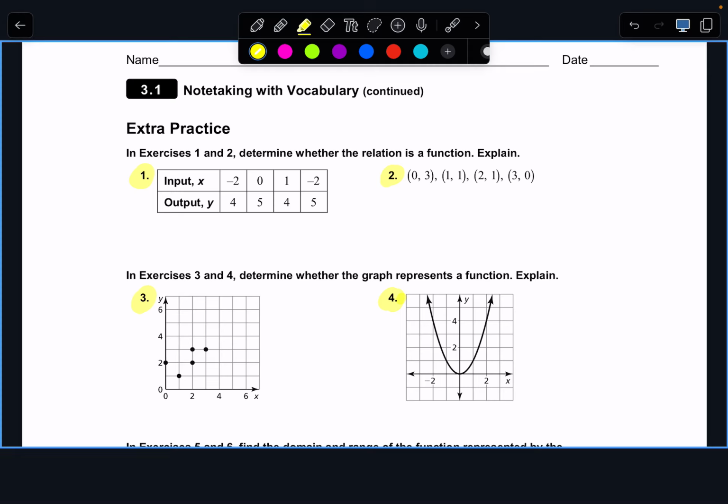This one's a no. This one's a no, right? No, it goes no, yes, no, yes. No, because you did it vertical. You did it vertical.